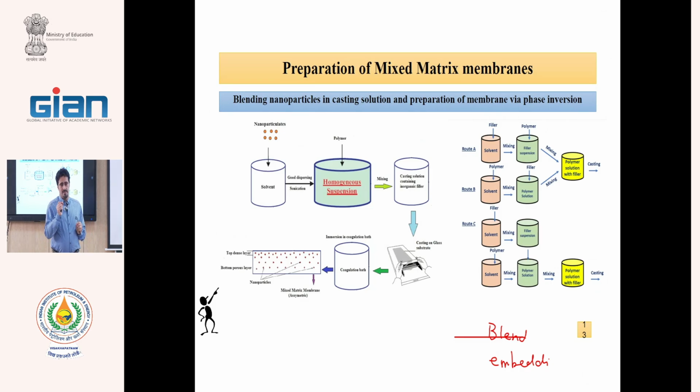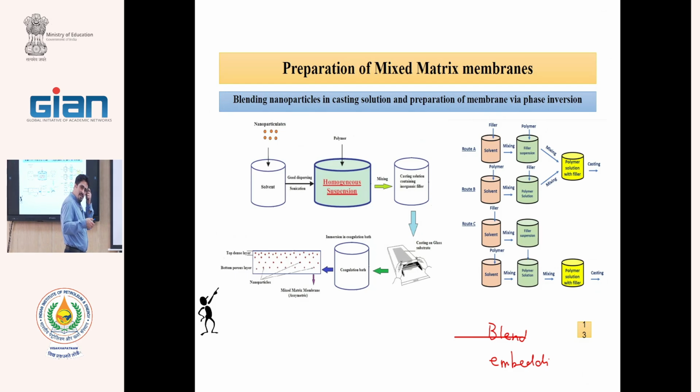If the non-solvent is water, and non-solvent is mostly water, and the nanoparticle is hydrophilic, during the phase inversion in the coagulation bath, we have migration of nanoparticles to the surface.